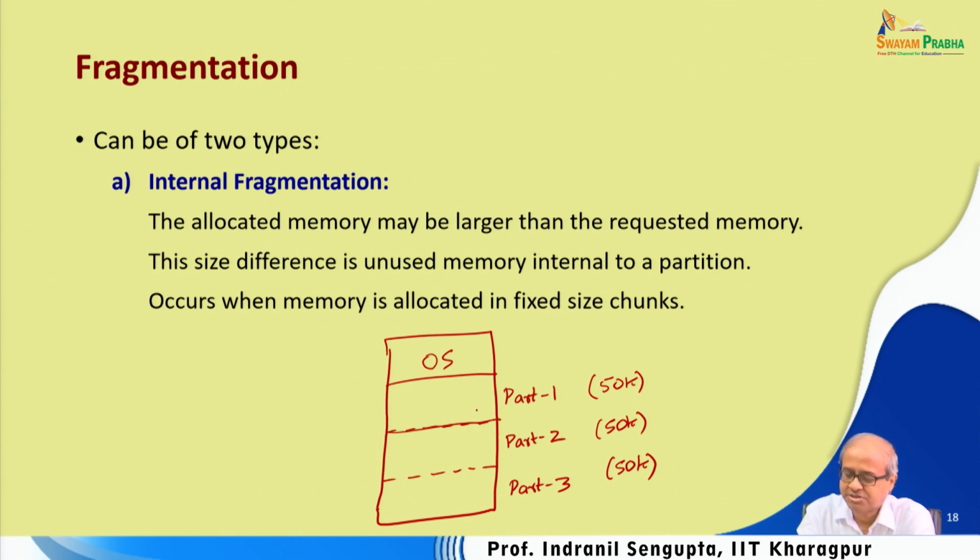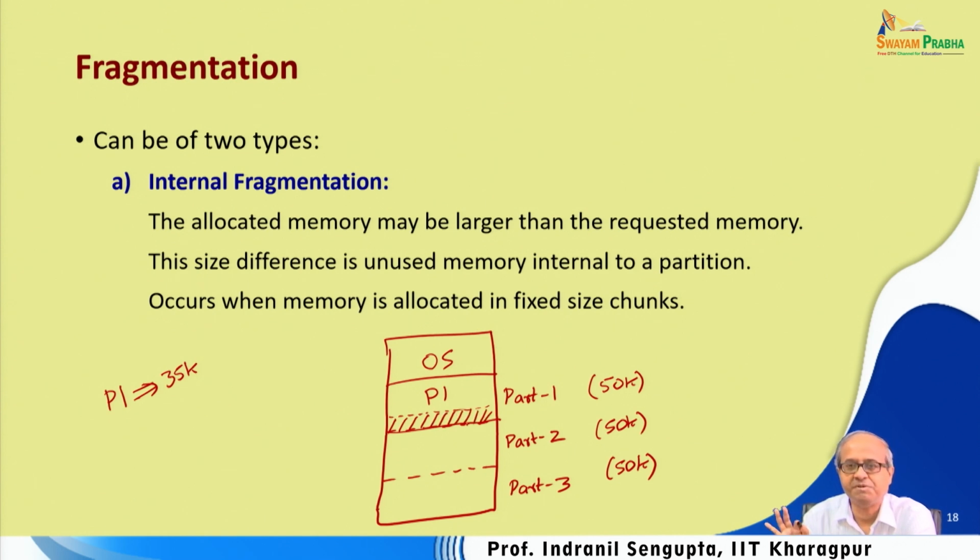So, let us say a process P1 comes whose size is 35K. What will happen? Let us say you allocate it to part 1. The process will be occupying 35K, and the remaining 15K will be unused.